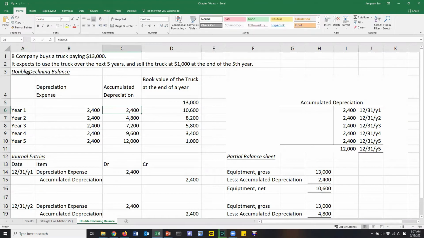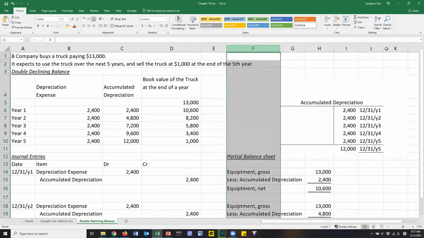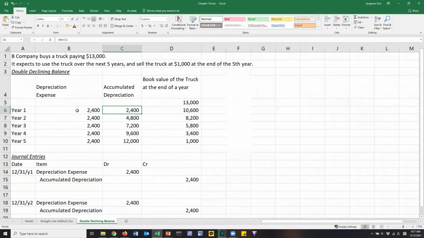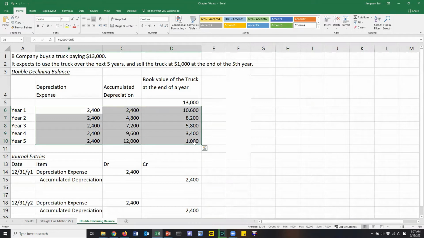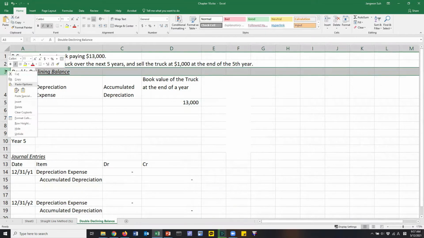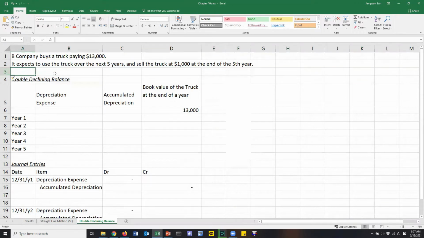Okay, under the double declining balance method, to discuss it, let's first recall what we've done under the SL method, the straight line method.